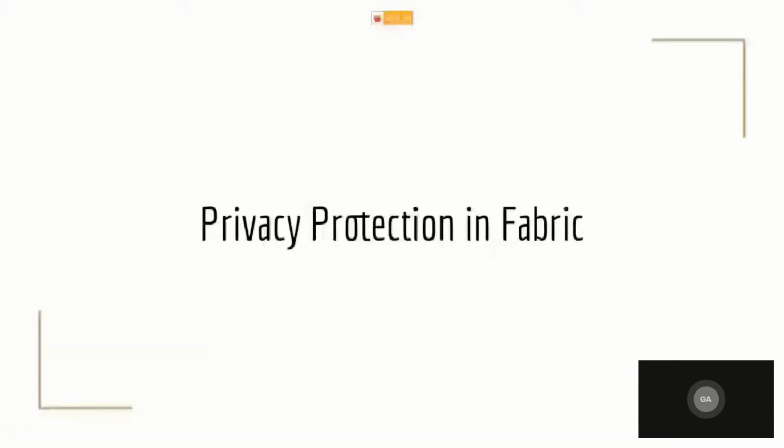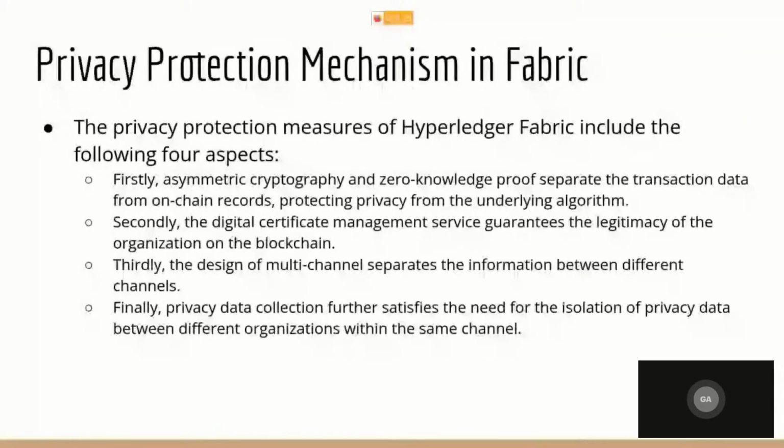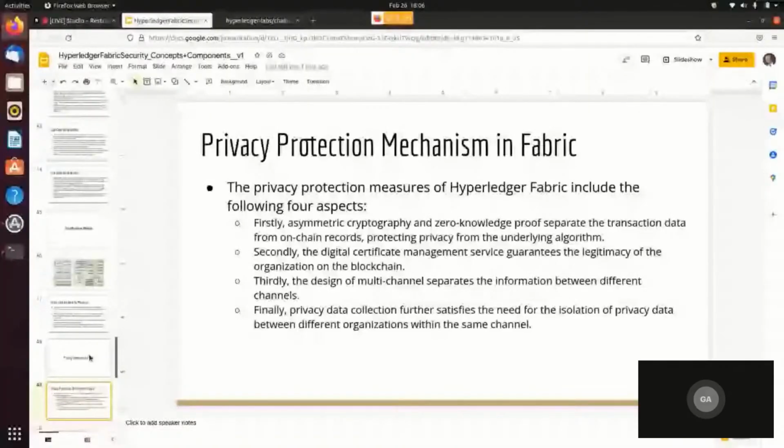So, with this, I would like to conclude the session. There are more possibilities for privacy protection using private data collections and channels, which, due to time limitation, I don't want to go into those details.